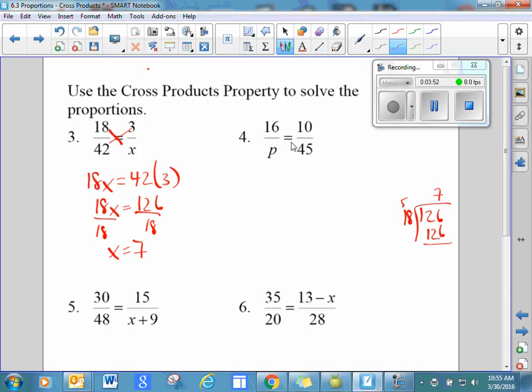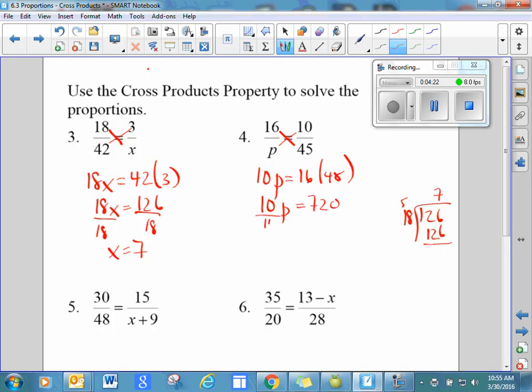Let's work another one. Cross products, identify them. 10 times p equals 16 times 45. Okay, that's a little bit bigger number. I'm not going to take the time to do it by hand. I am going to grab a trusty calculator and get 10p is equal to, let's see, 720.